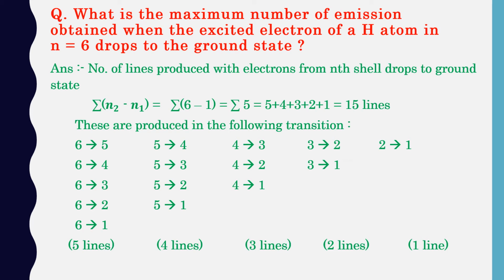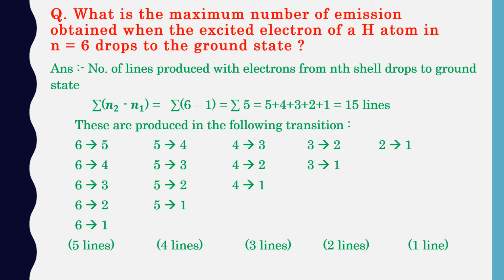The number of lines produced when electrons from the nth shell drop to the ground state can be calculated directly using the formula: summation of n2 minus n1. Here n2 is 6 and n1 is 1, so we get summation over 5. Adding all, we get 15 lines directly from the formula.